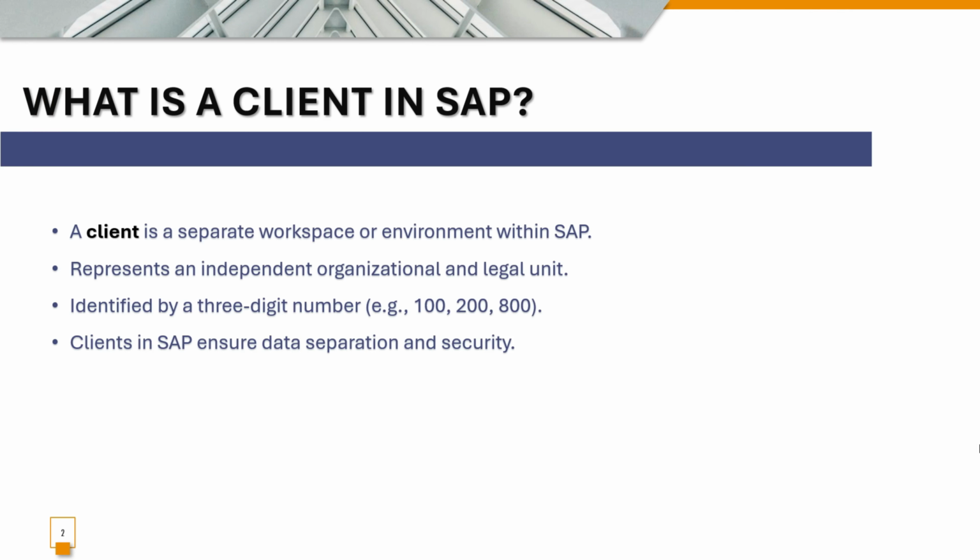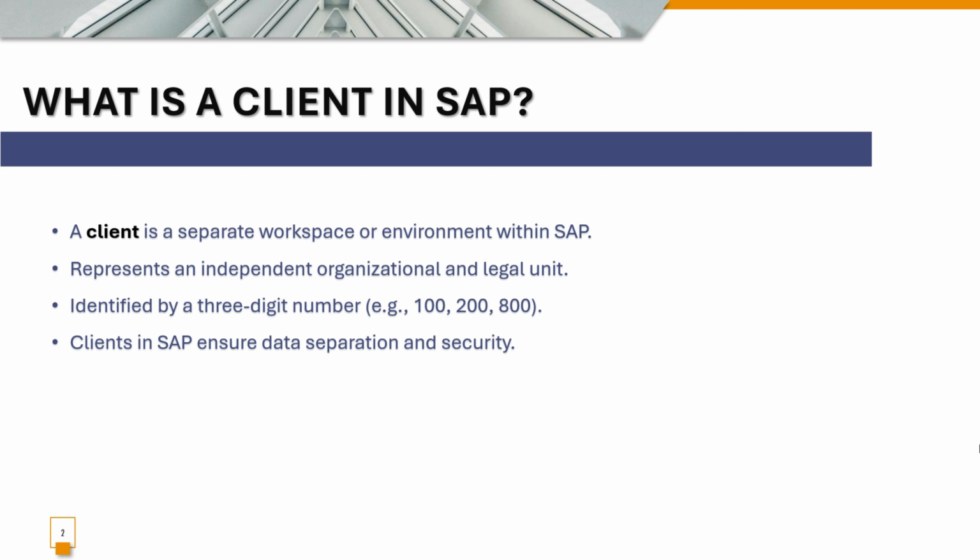What is a client in SAP? To begin with, a client is like a separate workspace or environment within the system. Imagine you are working in a large office building where each department has its own dedicated room. Each room represents a client, completely independent and serving a specific purpose.